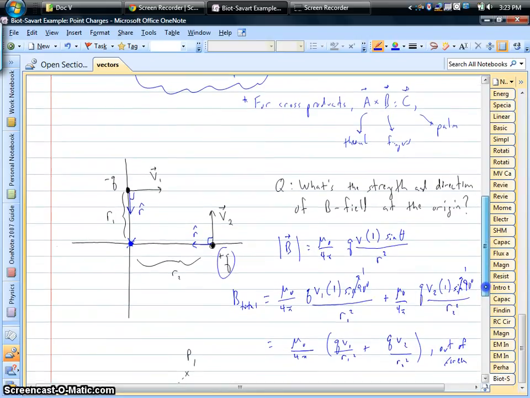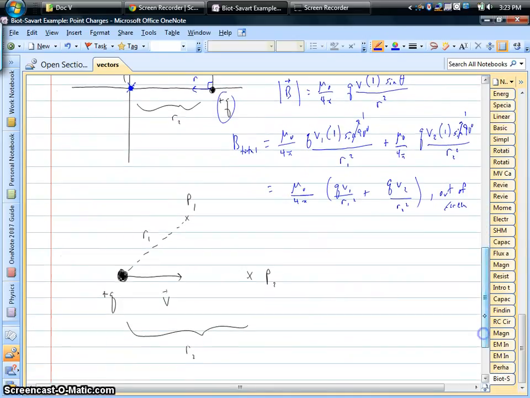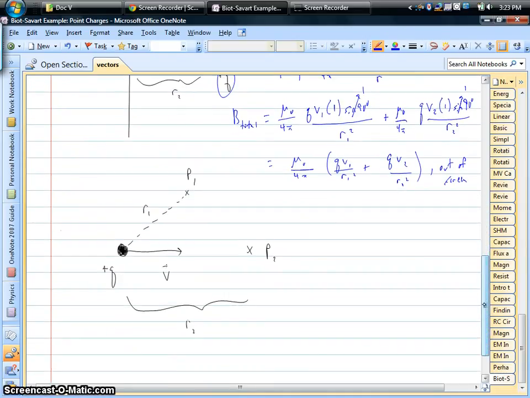Okay, so for point charges, this tends to not be so bad. I did want to show real quickly this picture here. If we had a positive charge moving to the right, I put 2 points there, P1 and P2. And how would you handle these? For example, at P1, what would your r hat be if we're trying to find the magnetism up there? Well, the r hat is going to be pointing from the charge towards P1 at that angle.